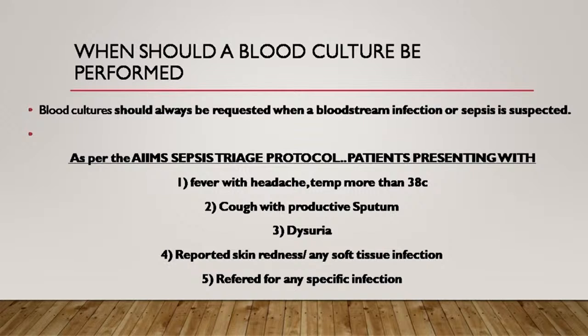As and when patient triage is read according to vitals and as per the AIIMS sepsis triage protocol, when patients present with fever with headache or temperature more than 38 degrees Celsius, cough with productive sputum, dysuria, or the patient reports any skin redness or any skin soft tissue infection, or the patient is referred for any specific infection.